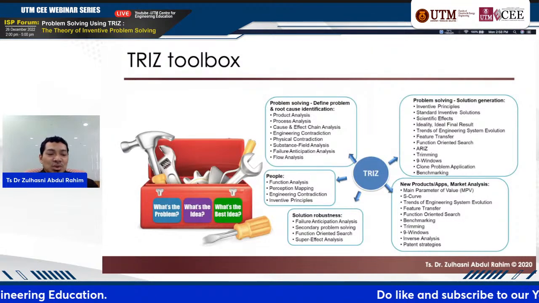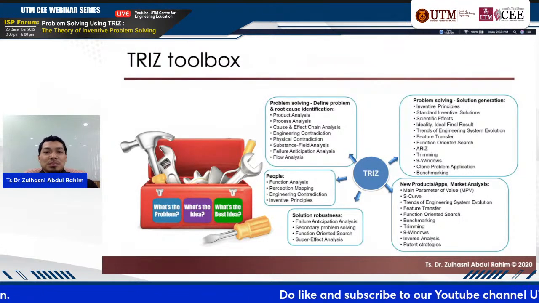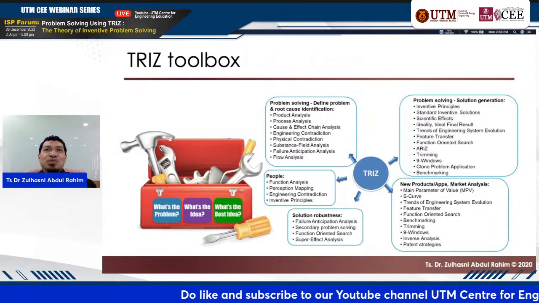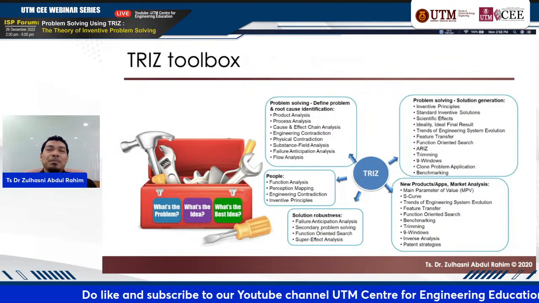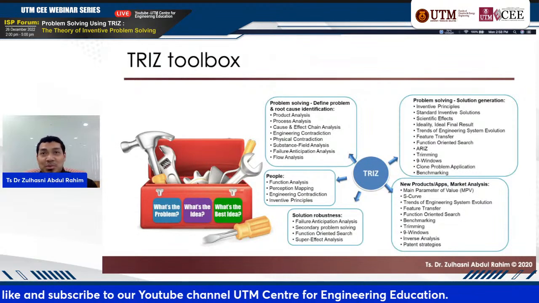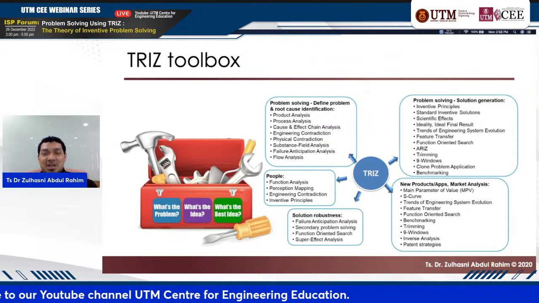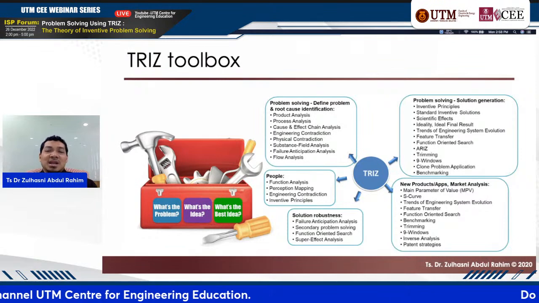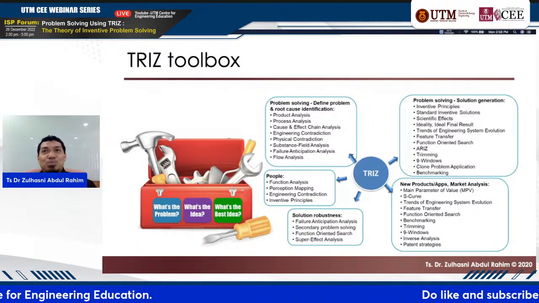TRIZ has a lot of tools. You can see here the tools for problem solving, defining problems, solving people problems, making a system more robust, developing new things and new products, and so on.